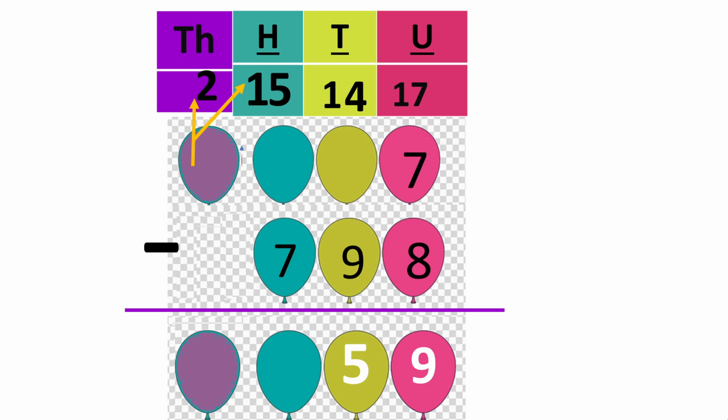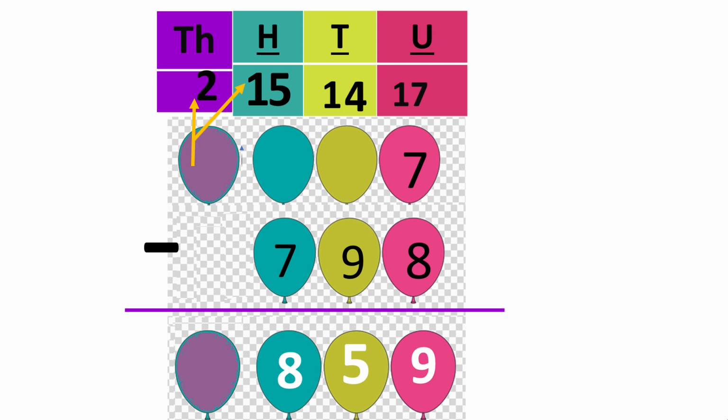Now let's go back to hundreds house. We have to subtract 700 from 1500. Is it easier now? Yes, 5 has become a bigger number now, 1500. So 1500 minus 700 will give you 800, right?